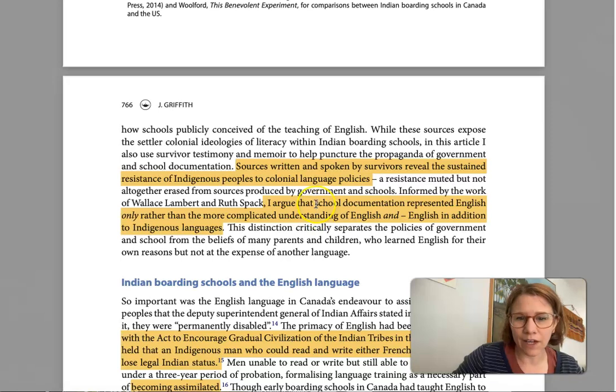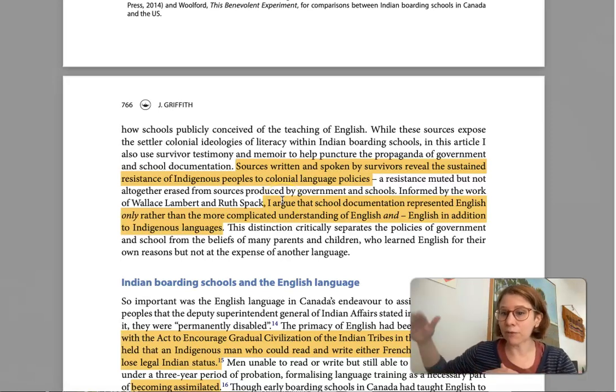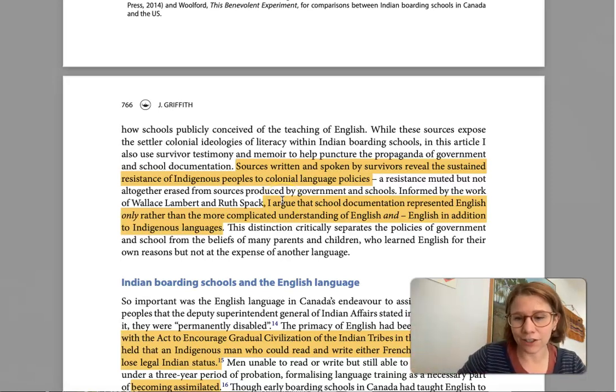So I don't have that rule in my class or writing that you can't use first person. So when you're writing your thesis statement, you might try this kind of model and say, "I argue that," and then state your argument. And I think that's a way to really clearly express yourself in your paper.